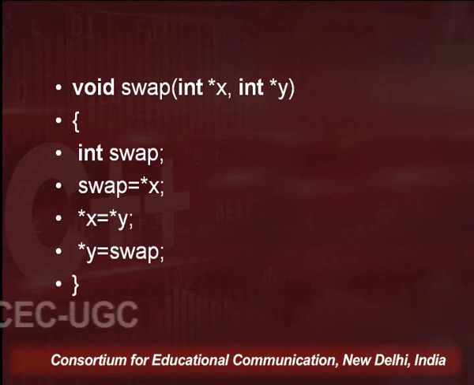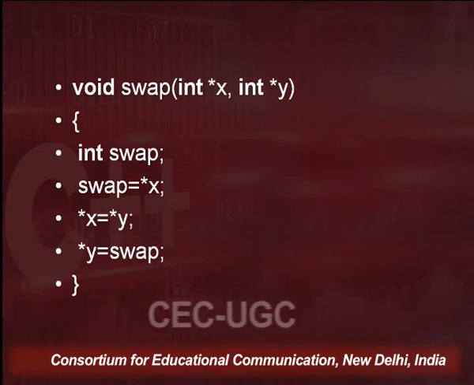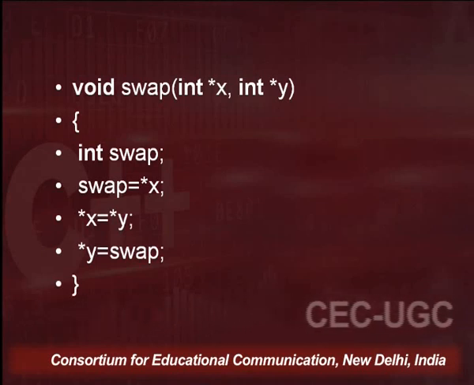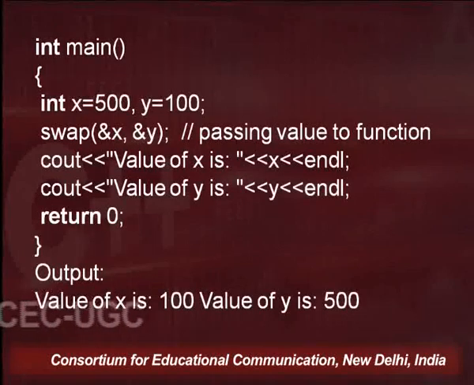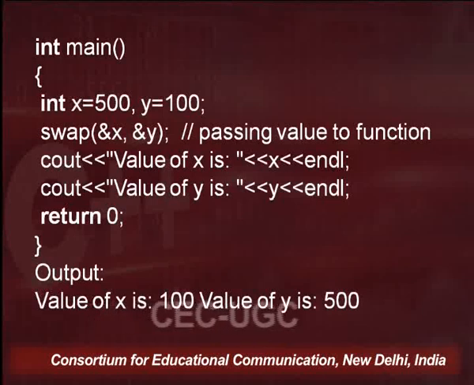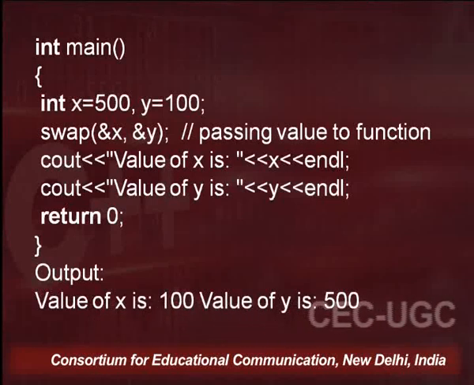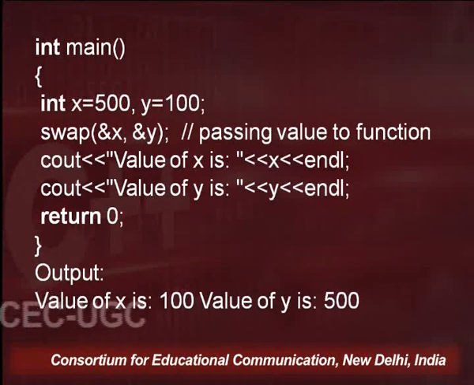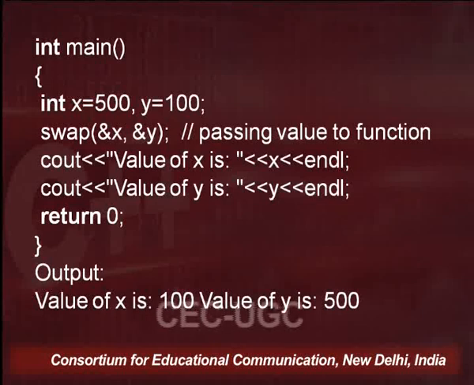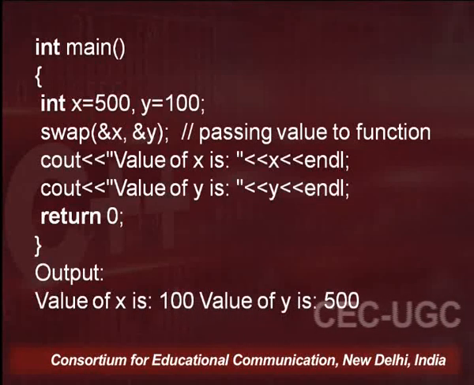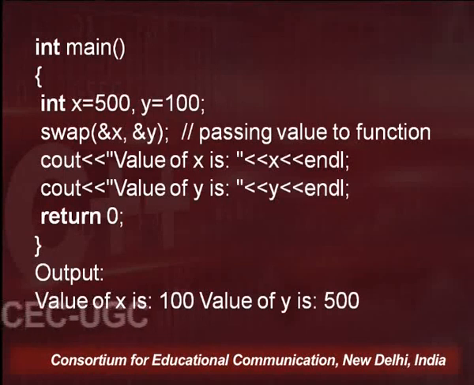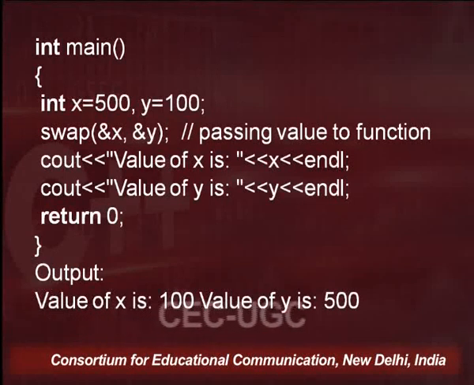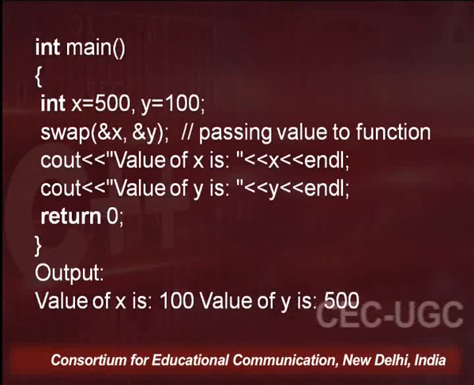So whenever a function has two pointer variables, while calling that function we will take two addresses, because a pointer is a variable which stores an address. So if there are asterisk x and asterisk y to catch the values from the calling function, we will pass ampersand x and ampersand y.